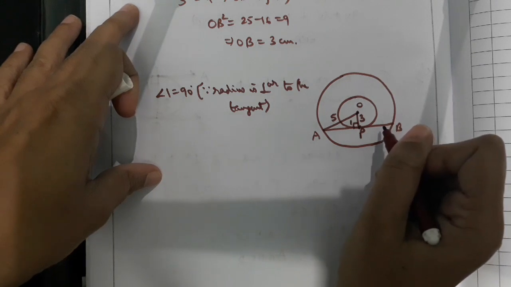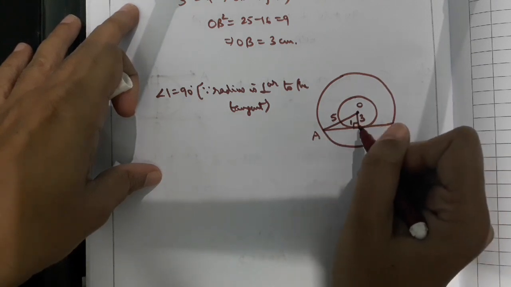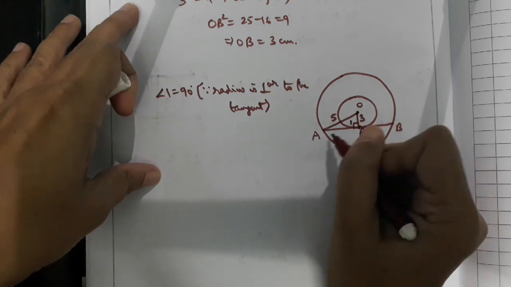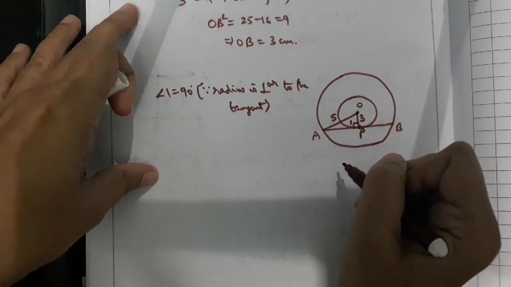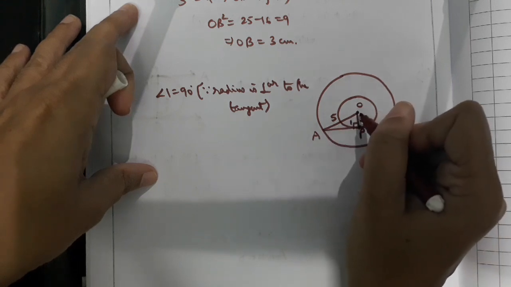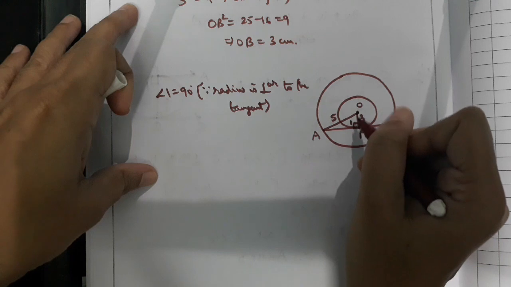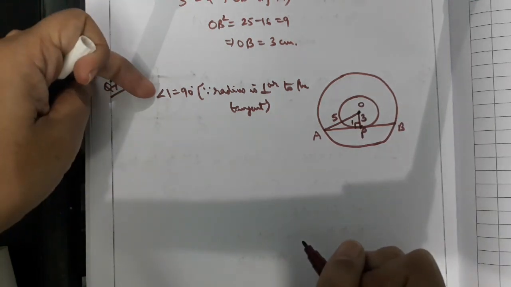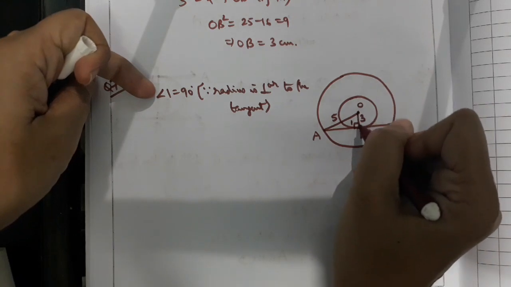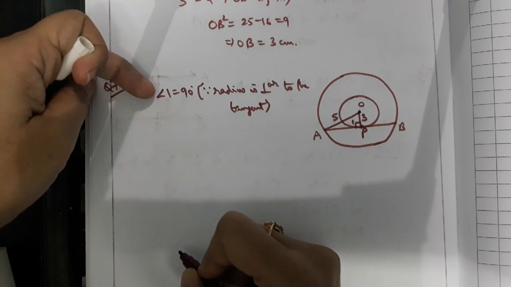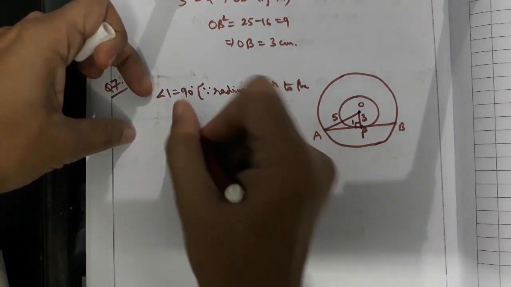AB is the chord of the larger circle and it is touching the smaller circle at point P. So AB is the tangent to the smaller circle. So this is the radius of the bigger circle 5 centimeters and this is the radius of the smaller circle 3 centimeters. So angle 1 is of measure 90 degrees because we know that radius is perpendicular to the tangent. So that is why this angle is of measure 90 degrees.